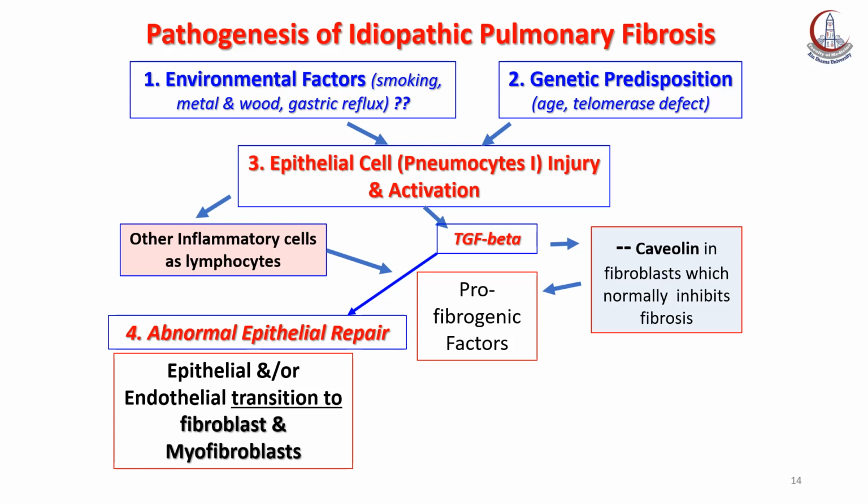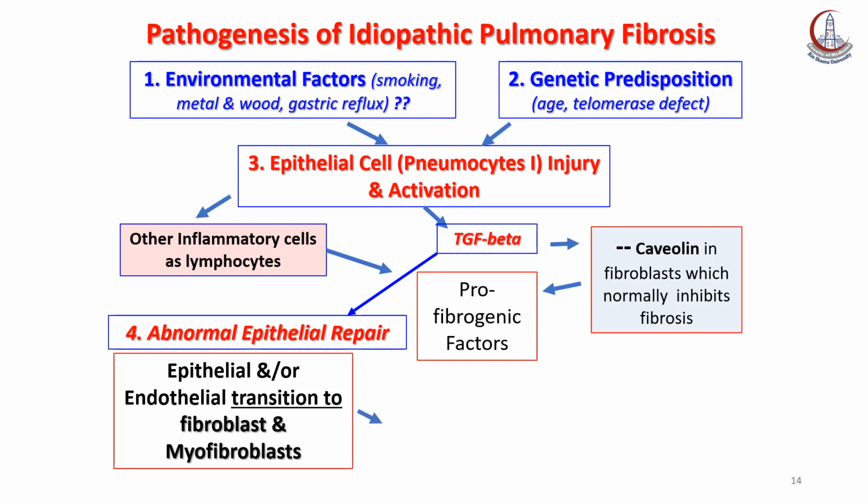Transforming growth factor beta will also cause abnormal epithelial repair. Epithelial injury is followed by transforming growth factor beta production that causes repair of the epithelial cells, but that repair is abnormal. Instead of being repaired to form epithelial cells, they are transformed into fibroblasts and myofibroblasts.